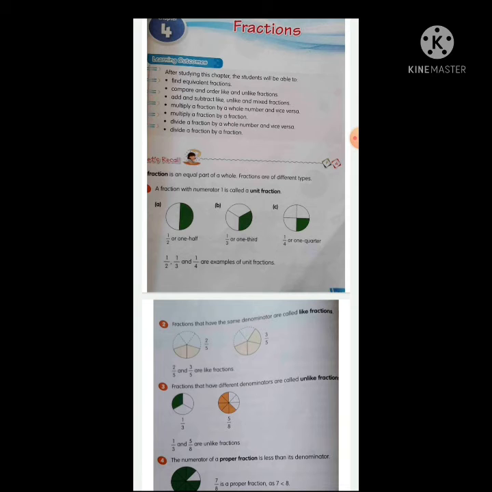Fractions that have different denominators are called unlike fractions. Same way, if the numerator of a fraction is less than its denominator, then it is called a proper fraction.